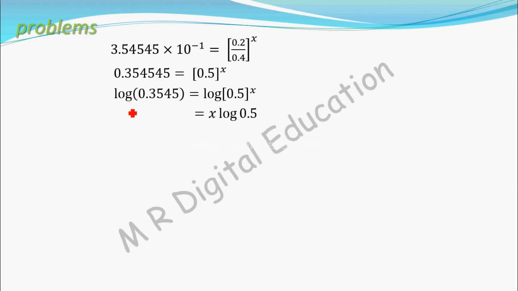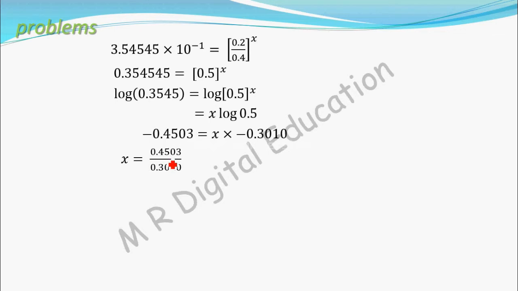Now log of 0.3545 is minus 0.4503, and log of 0.5 is minus 0.3010. Now from this equation, try to extract this x value. Take 0.3010 this side.